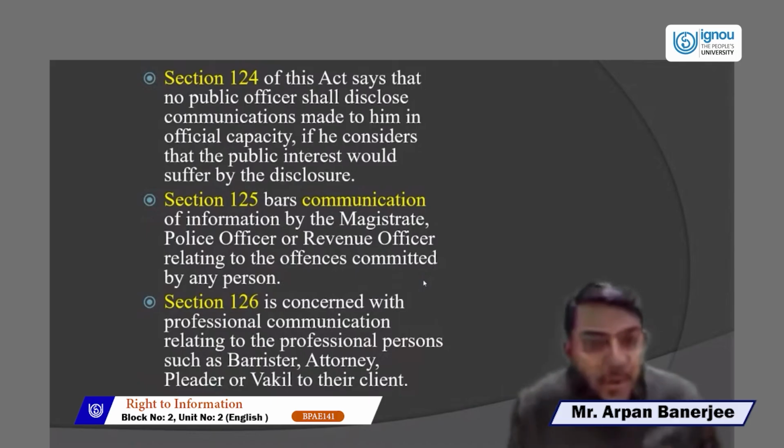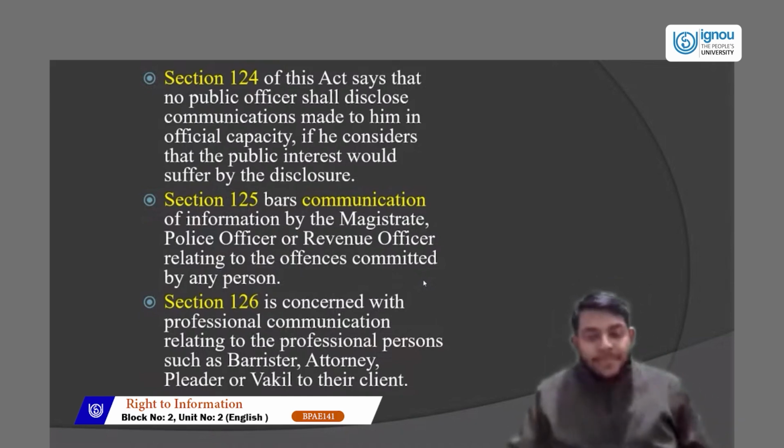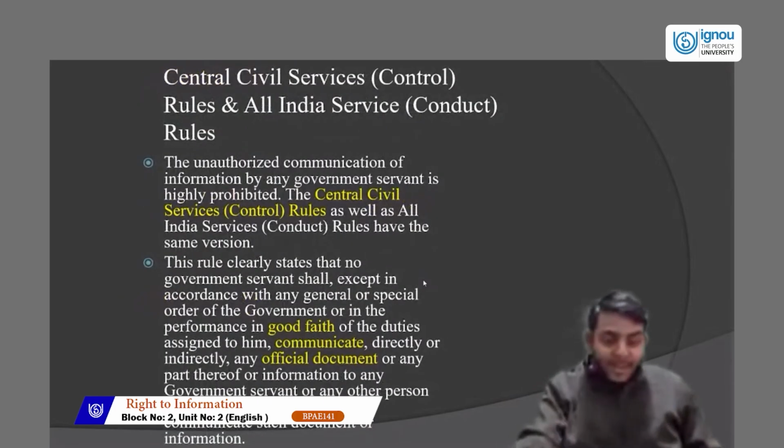Section 125 bars communication of information by the magistrate or police officer or revenue officer relating to the offences that are being committed by any person. And Section 126 is concerned with professional communication relating to professional persons such as barrister, attorney, pleader or vakil to their client.